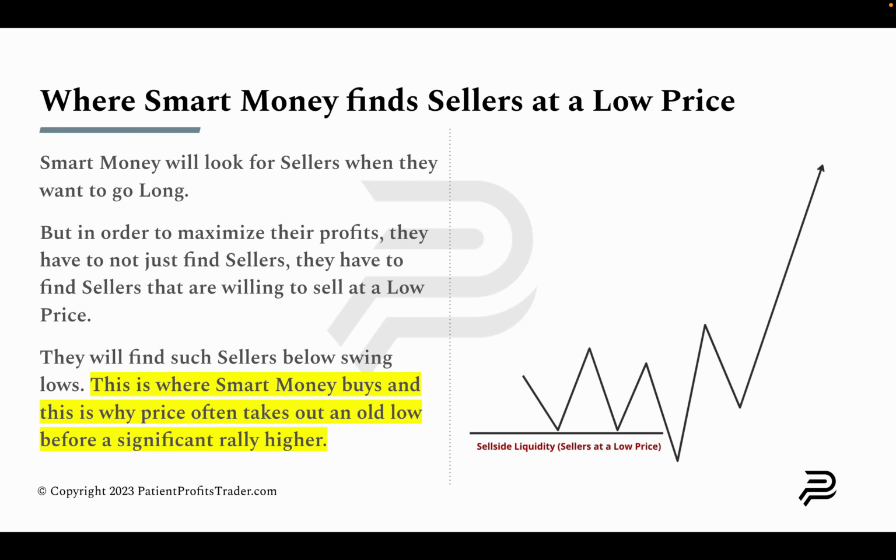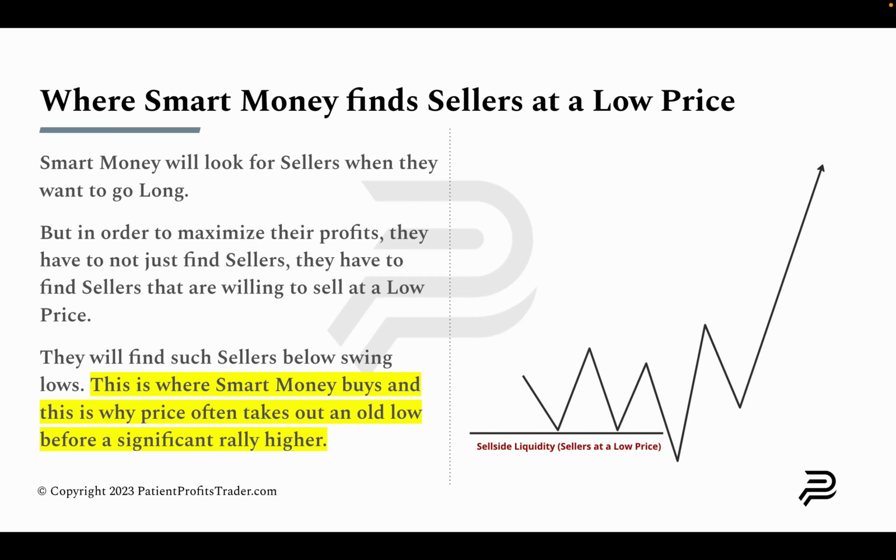So as a smart money trader, you would anticipate this drop below sell side liquidity. And just as smart money is going long, you would go long as well. So your view and your perspective of the marketplace always needs to be through the lens of liquidity. Where does liquidity lie? Where are buy stops resting? Where are sell stops resting?